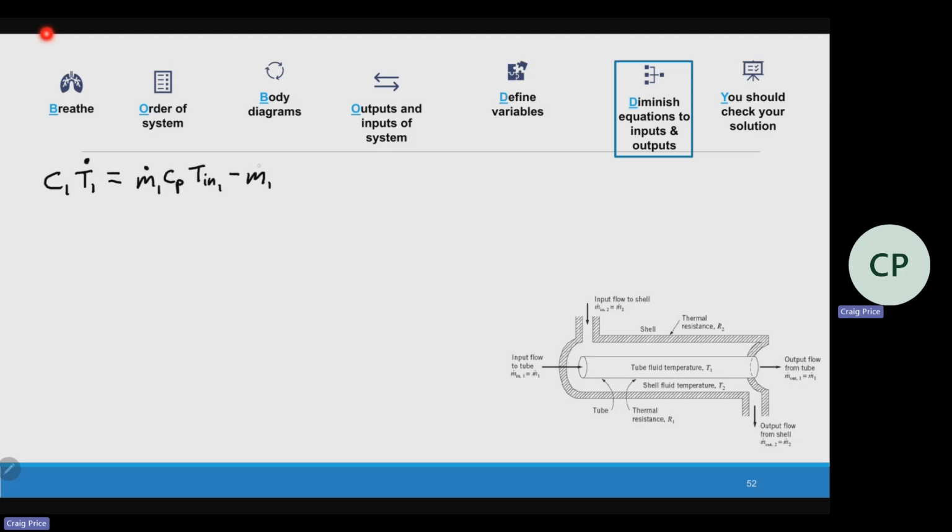Then leaving it, I have the same mass flow rate, same specific heat, and we're using the average temperature of T1. I do not have any input heat flows, but I do have a Q1 leaving there. And so if we wanted to, we could combine these. This is going to be Tn1 minus T1 minus my T1 minus T2 over R1.